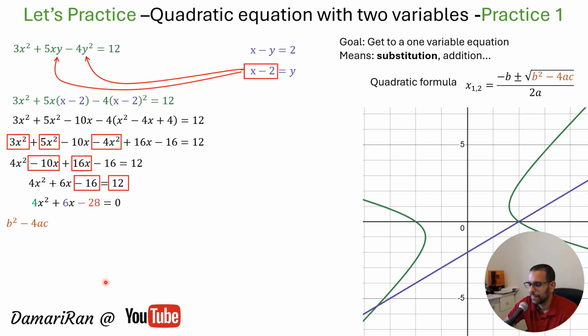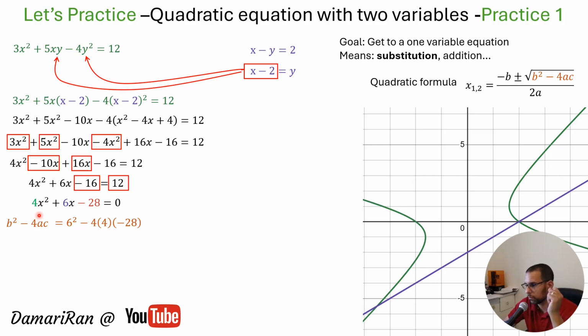So, instead of just plugging it into the quadratic formula, let's use the discriminant first. Let's see how many results we should expect. As a reminder, if the discriminant, this term right here, is bigger than 0, we should expect 2 solutions.